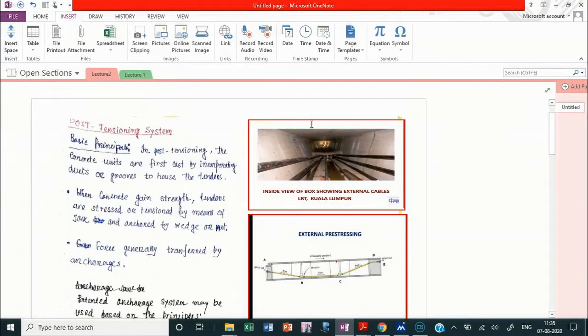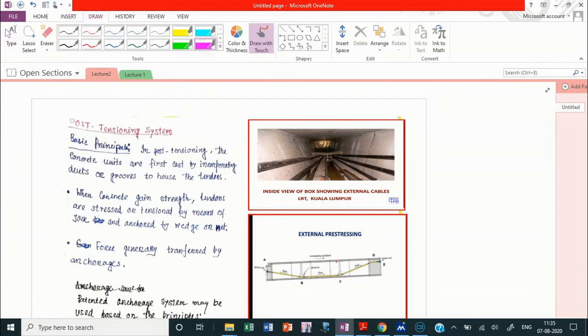But here, from the picture, you can see these tendons are inside the box, inside the box of the bridge.